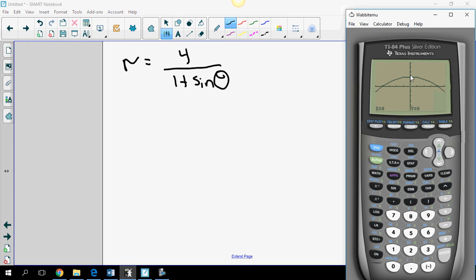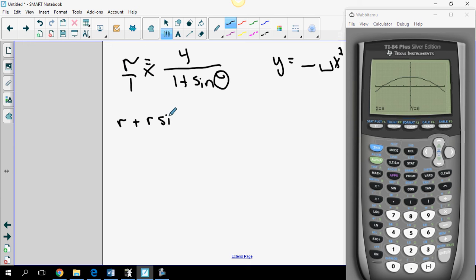Oh. So it's like down 2 over 4. Okay, so it's like y equals negative something, x squared. All right, so cross multiply. You get r plus r sine theta equals 4.